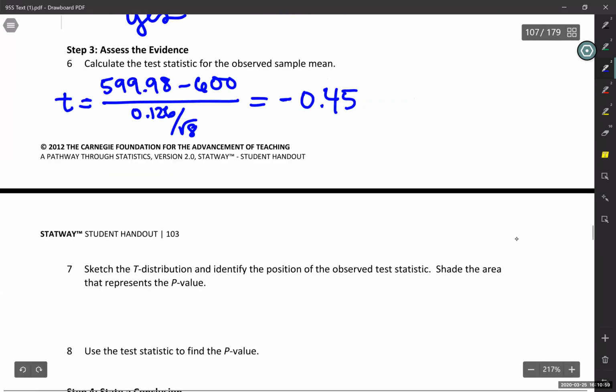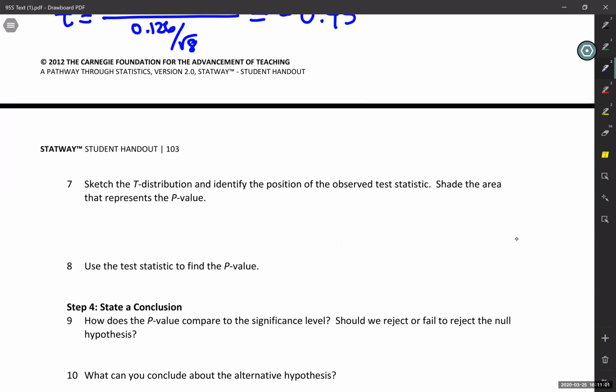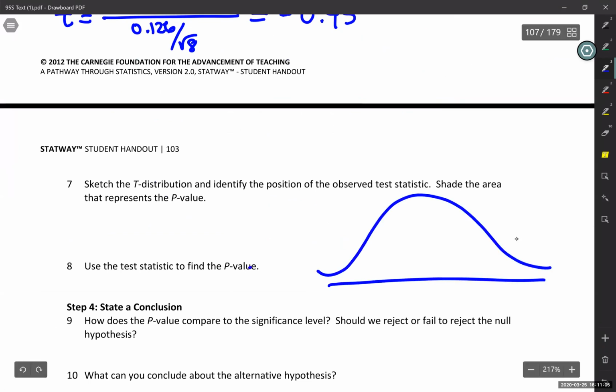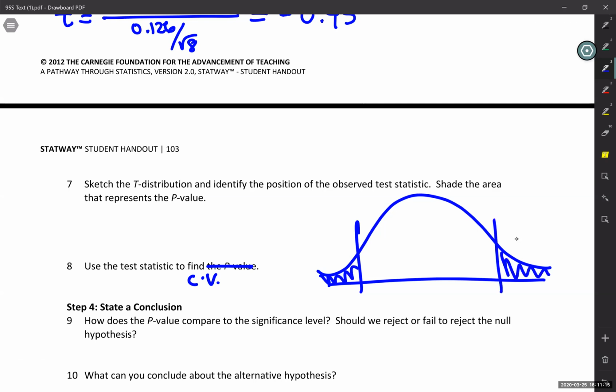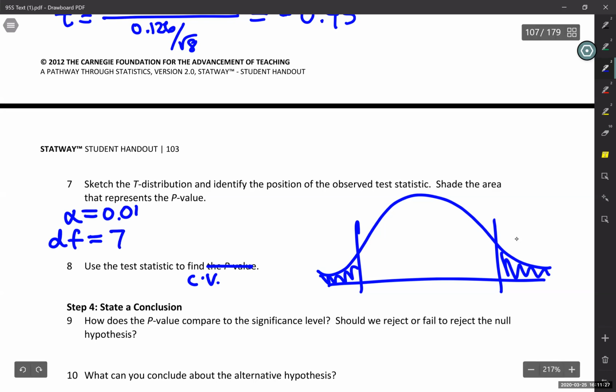Okay, so we are going to draw a picture. Anytime it says p-value, we're doing the critical value. And this was two-tailed, so I'm going to shade it on both sides. We said earlier that alpha is 0.01, and the degrees of freedom, sample size minus 1, so 8 minus 1 is 7.